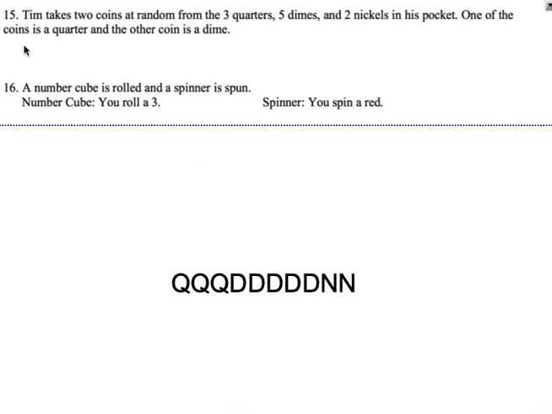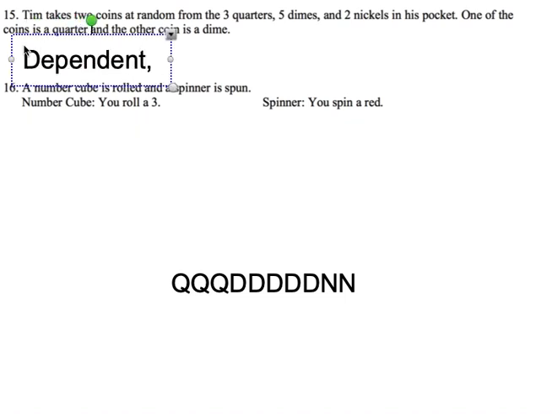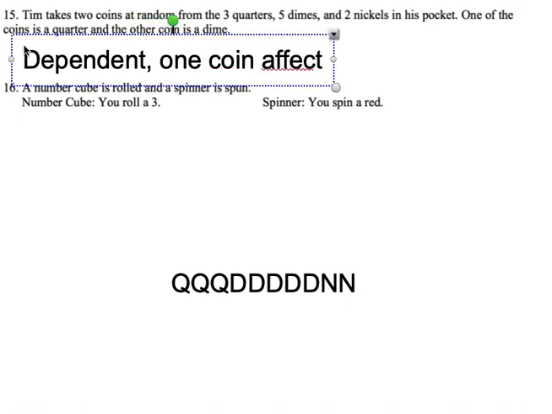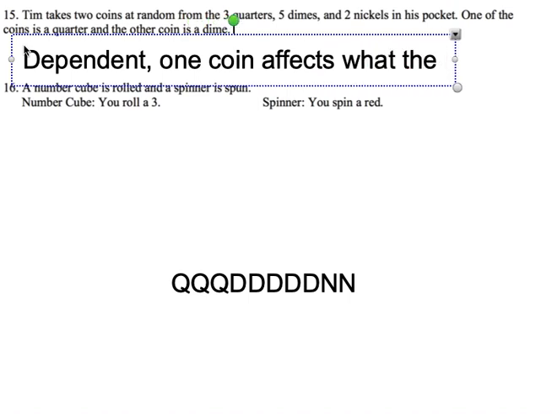Now, even though these coins are being drawn at the same time, we can treat it as 2 separate events. We treat one of them as the first coin and one of them as the second coin, and it is definitely dependent. The one coin affects what the other coin can be.